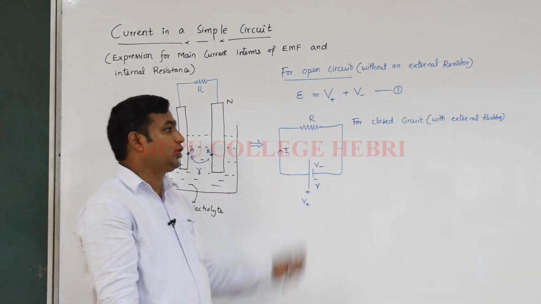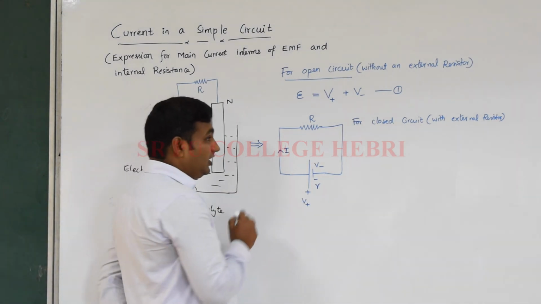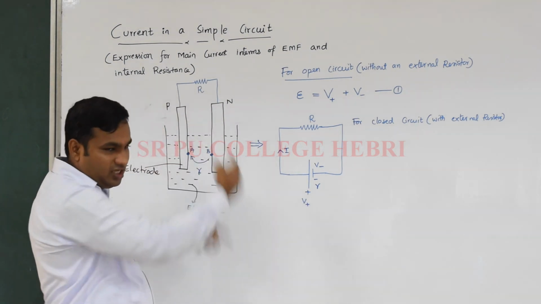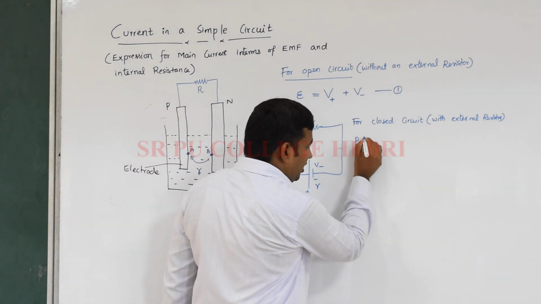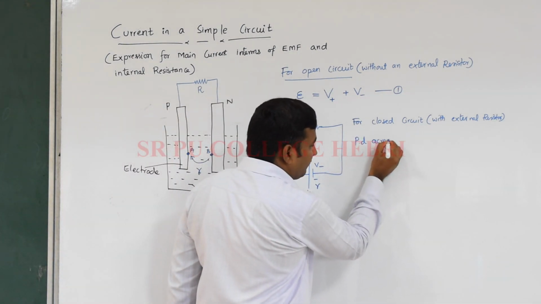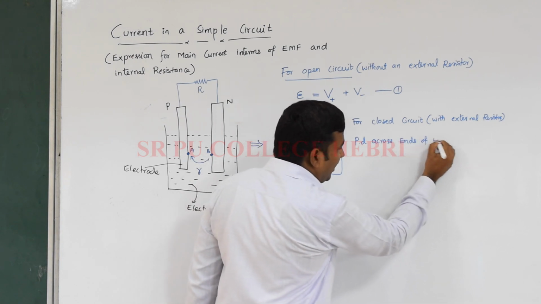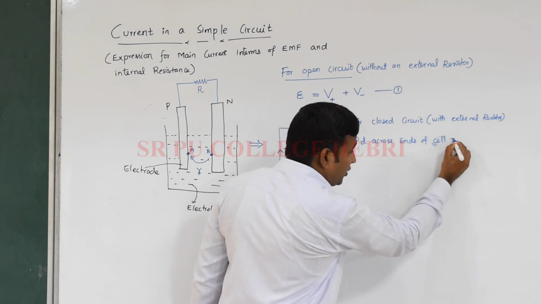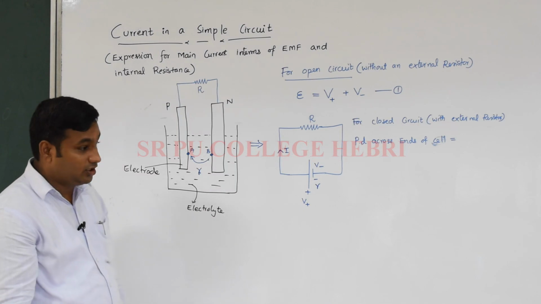For a closed circuit with an external resistor, the potential difference (PD) across the ends of the electrode, or the ends of the cell, is equal to three important terms.